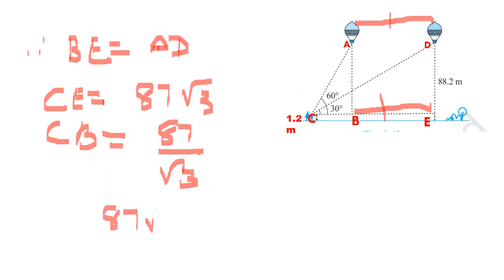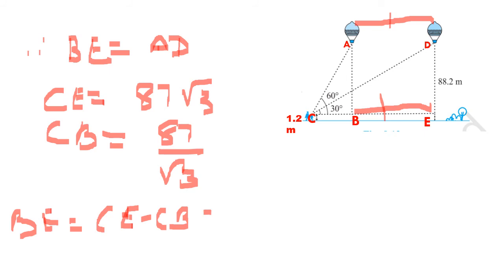Here let us write down BE is equal to CE minus CB.